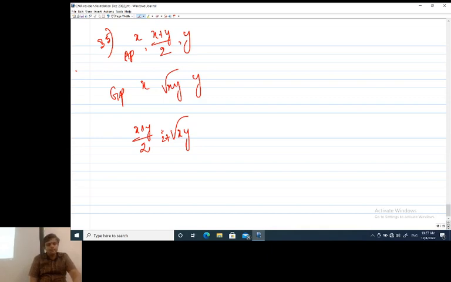The ratio of numbers x is to y is 1:4, or in other words 4x equal to y. Okay, substitute this in this.